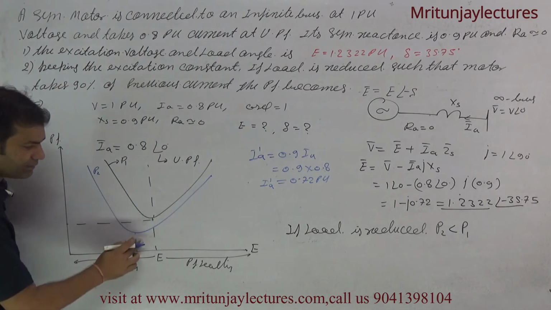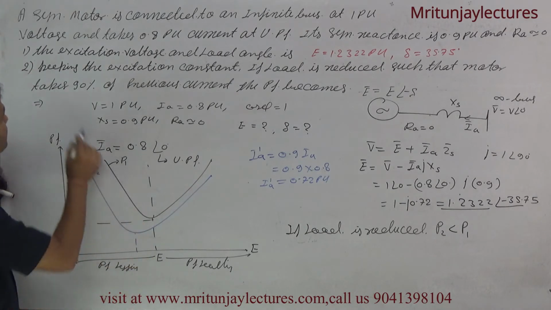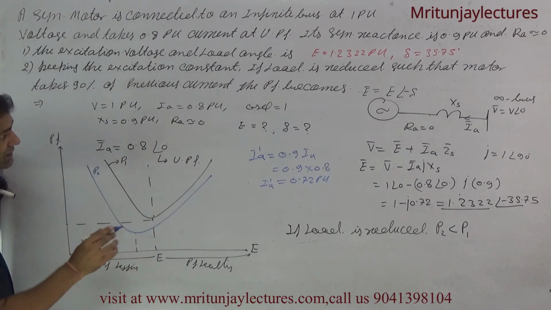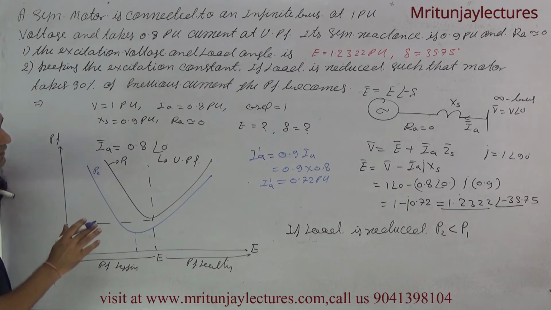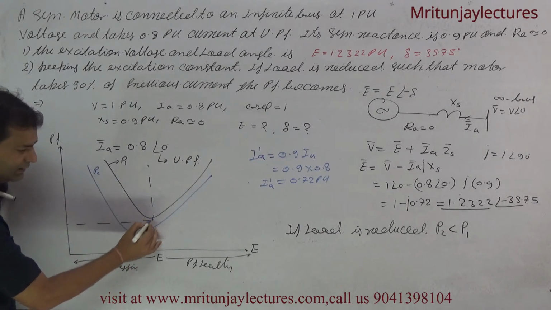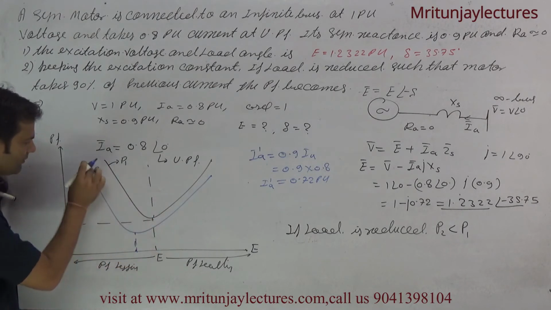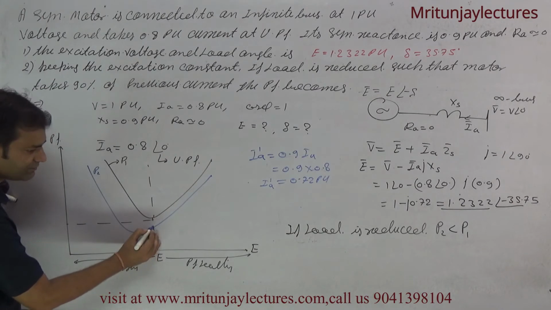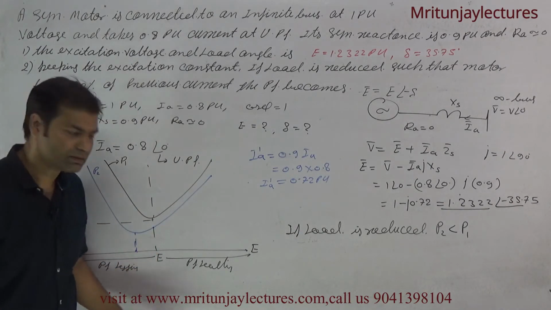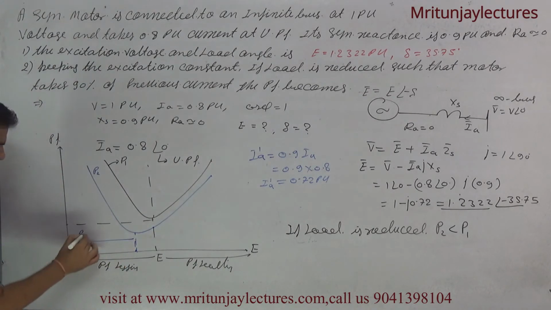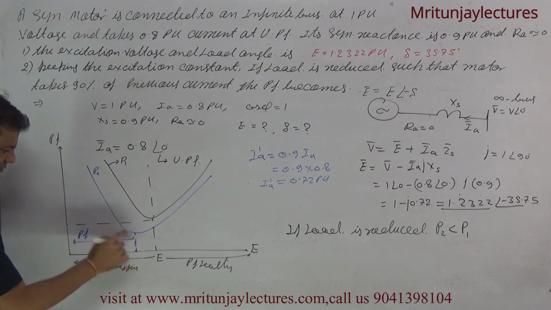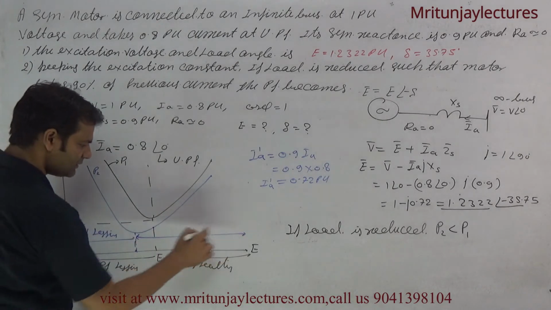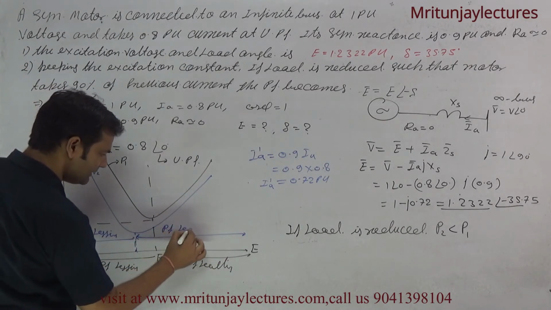Now what about the power factor? Keeping the excitation constant, the load is reduced such that the motor takes 90% of the previous current. Then the power factor becomes, from the curve, this region is the lagging power factor region, and after this one the power factor becomes leading.